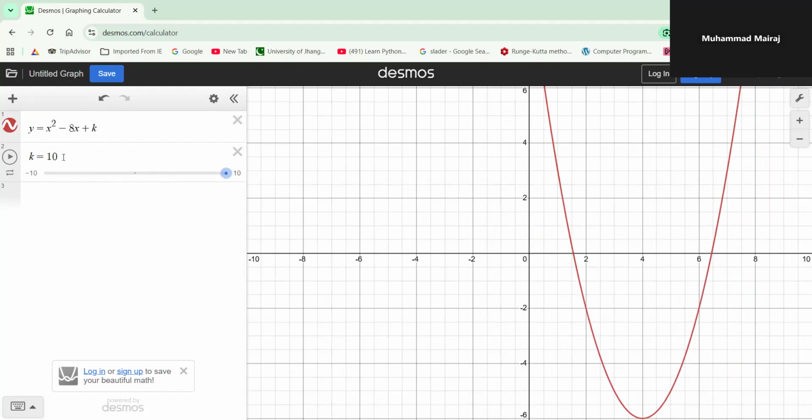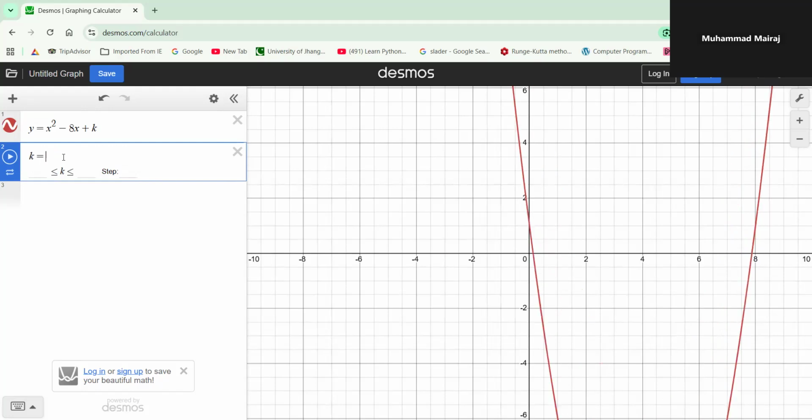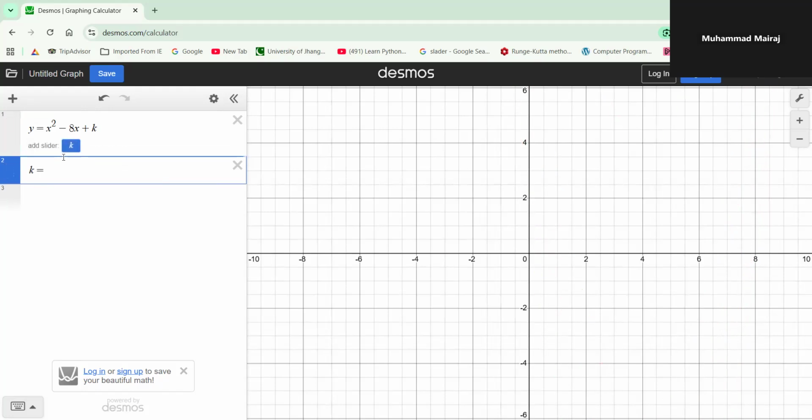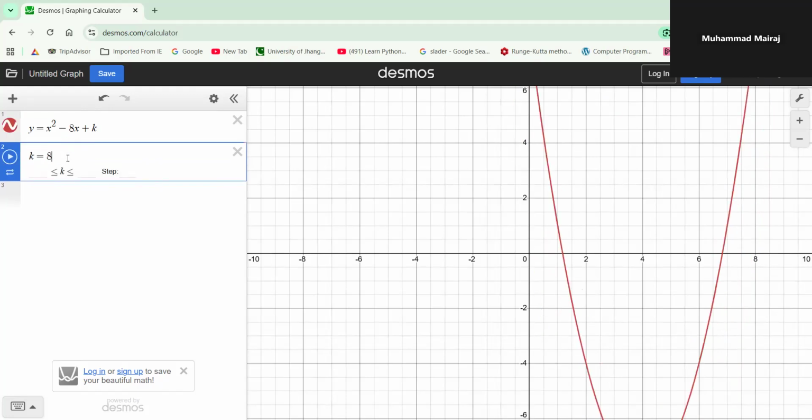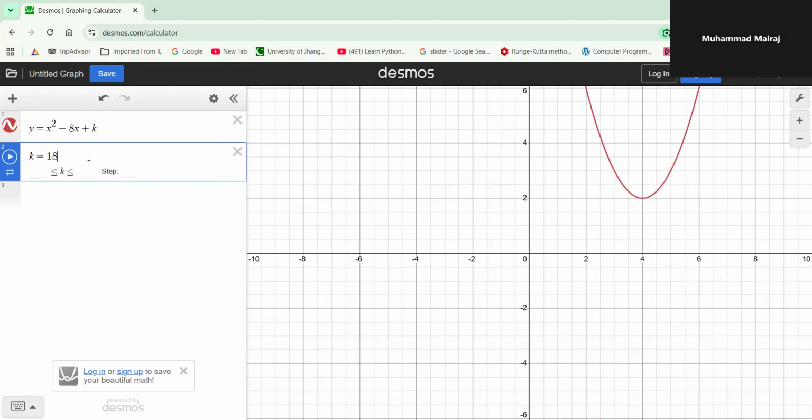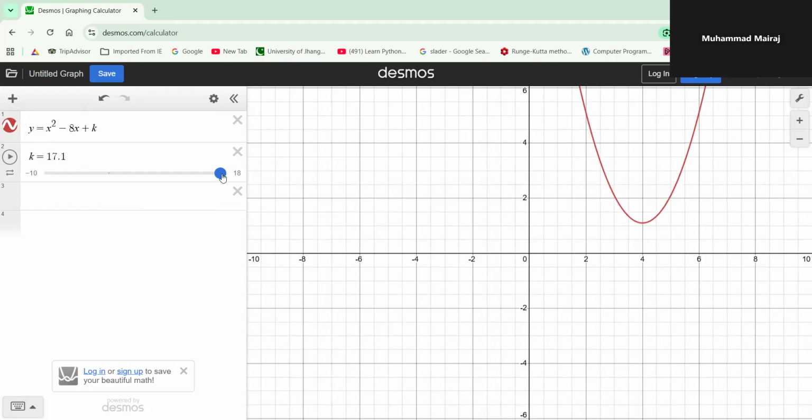Let's make k equal to 20 in this case, or 15. But let's say 18 here. Okay, now it's up a little bit. Now, as we go down, see right here, now it touches the x-axis at exactly one point, this one.